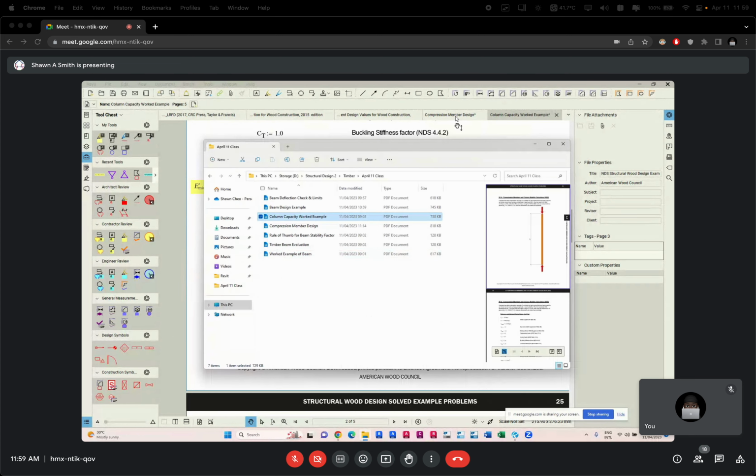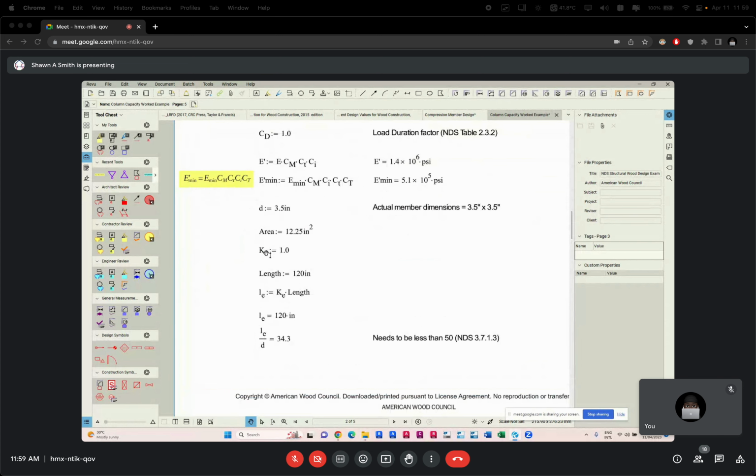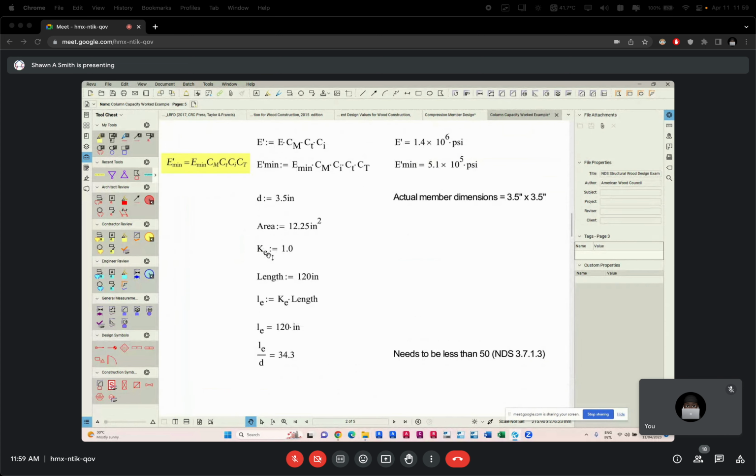Why is KE equal to 1? Who can tell me what is KE and why is it equal to 1? Class? Because both ends are pinned. All right. And so what is KE again? What's the definition of KE?